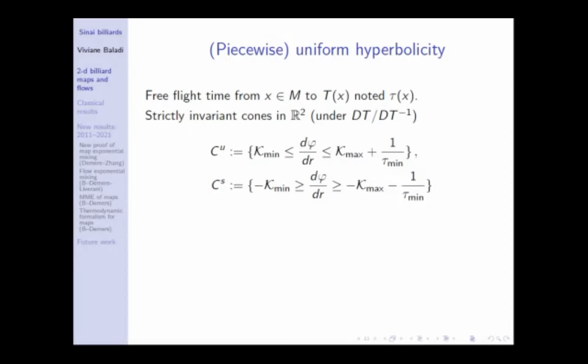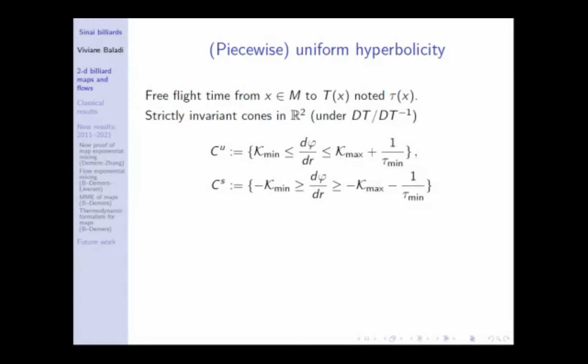So how do you define these cones? Remember, big K is the curvature of the obstacle. Since we have an assumption that the boundary is C3, and we have this strict convexity assumption, the curvature is bounded from below by K min, which is strictly positive. And since the curve is C3, it's also bounded from above, so K max.